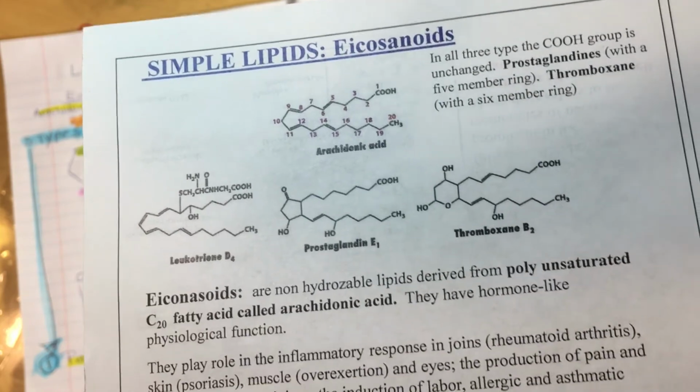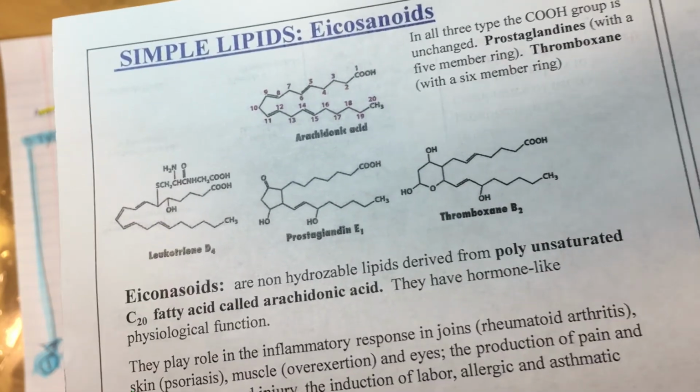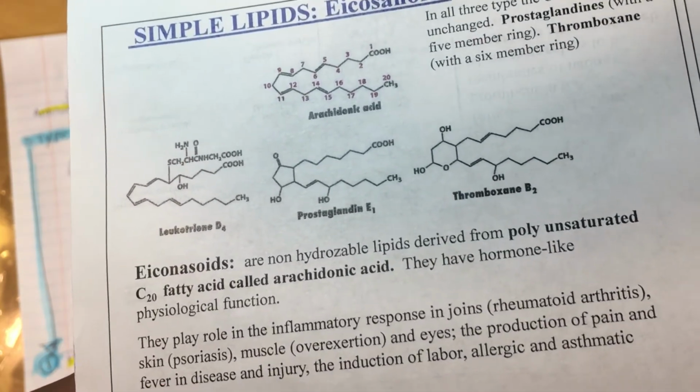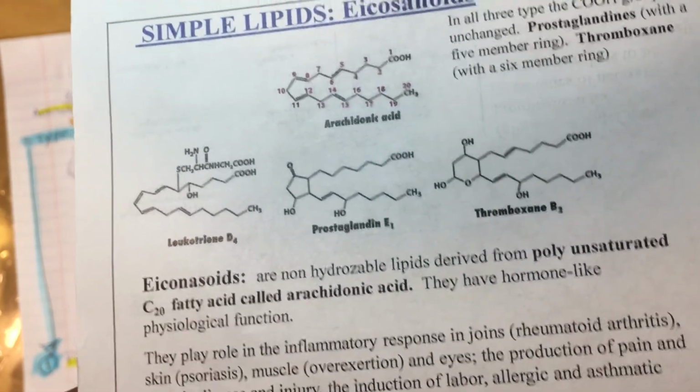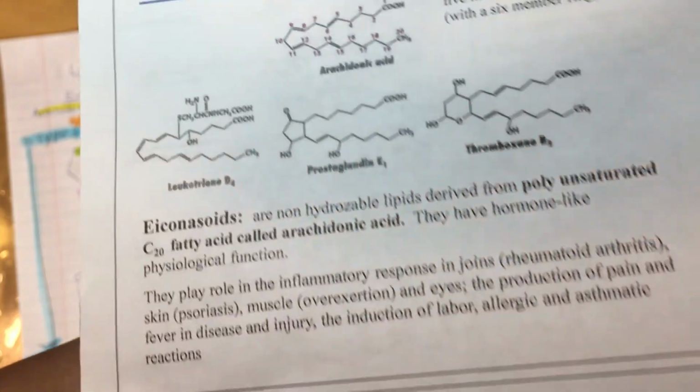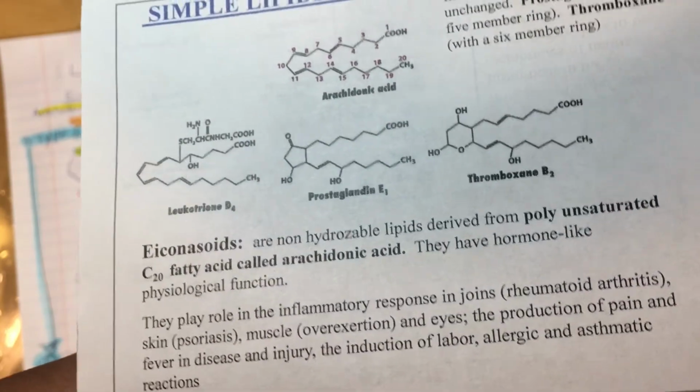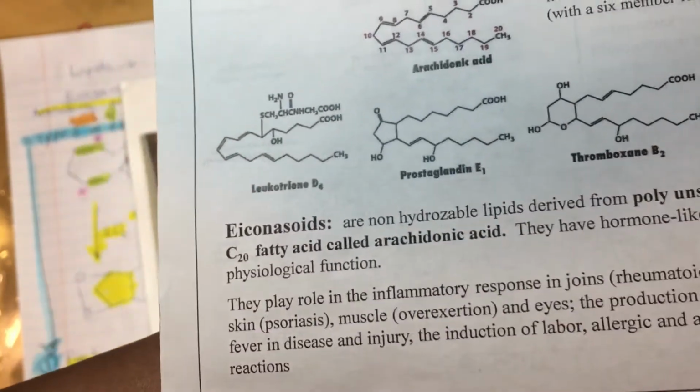They are all derivatives of arachidonic acid, which is a carboxylic acid that has 4 cis double bonds in positions number 5, 8, 11, and 14.